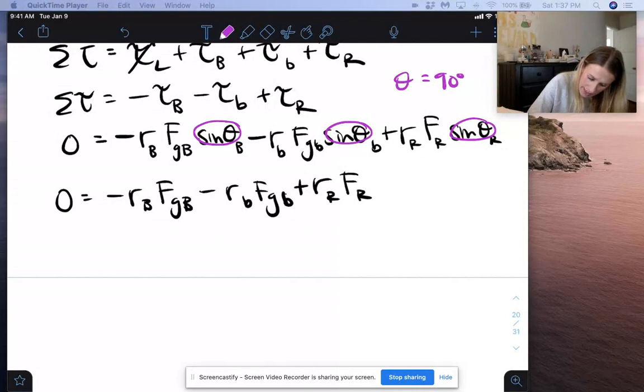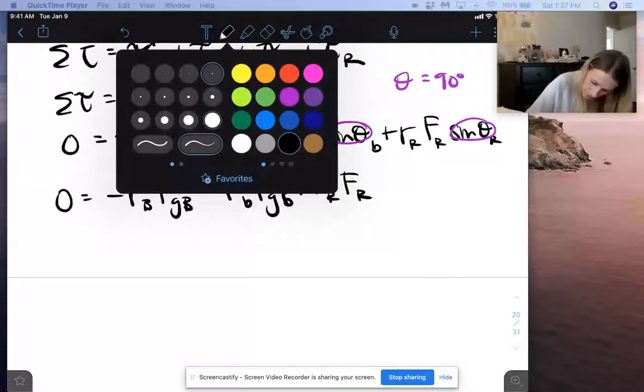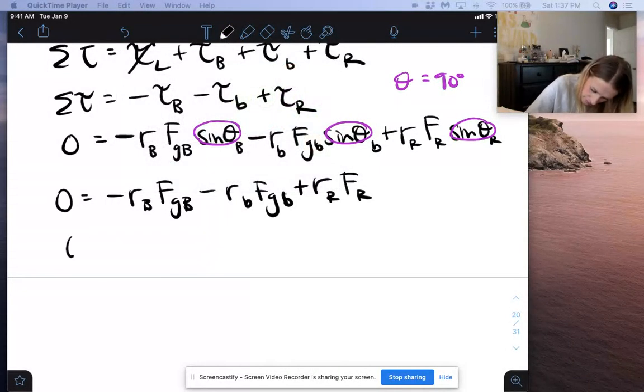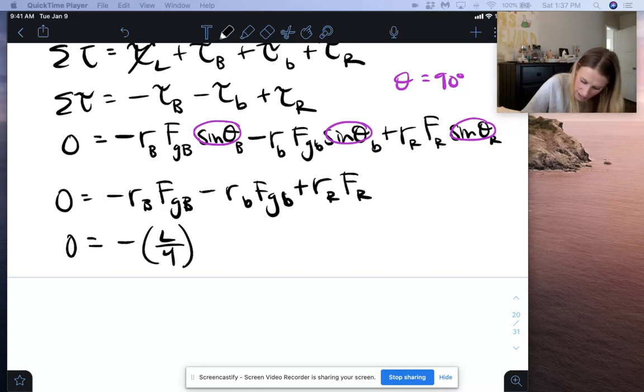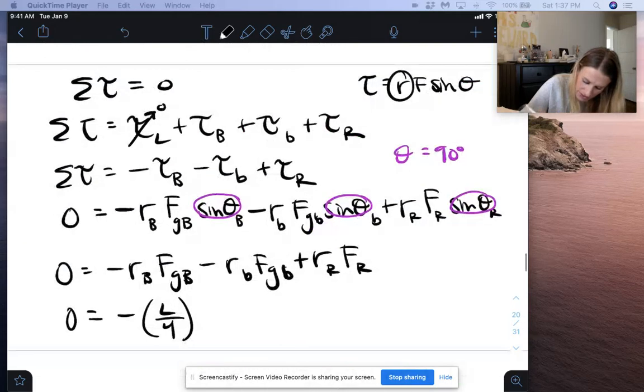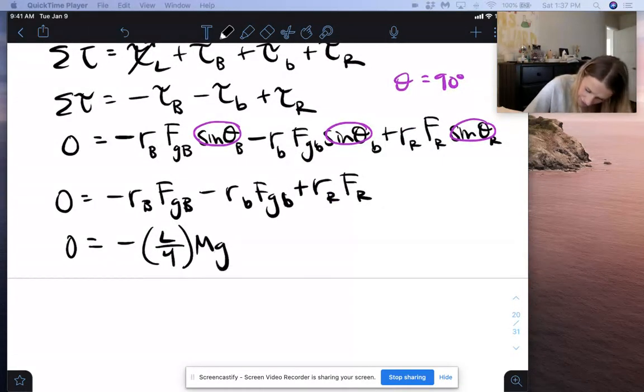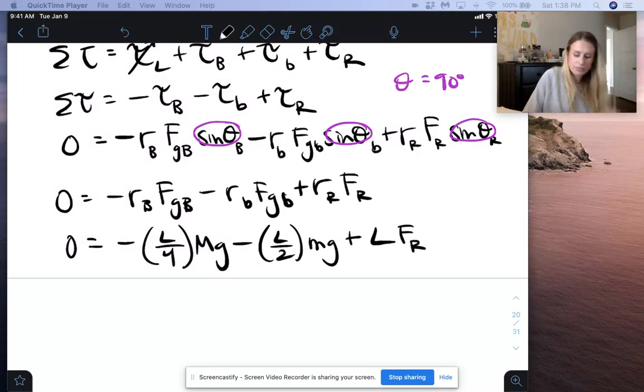So what we end up getting is 0 equals negative L/4 times the force of gravity of the block, which is the mass of the block, let's just put big M g for now, minus the moment arm for the beam, which is in the very center, so that was L/2 times little m g, plus big L times force right.